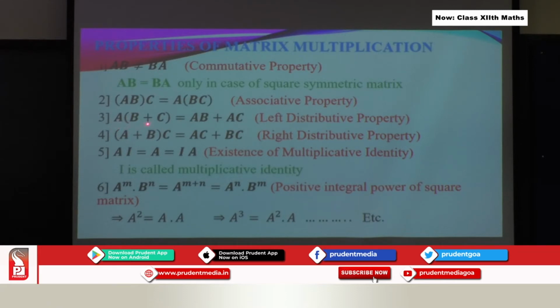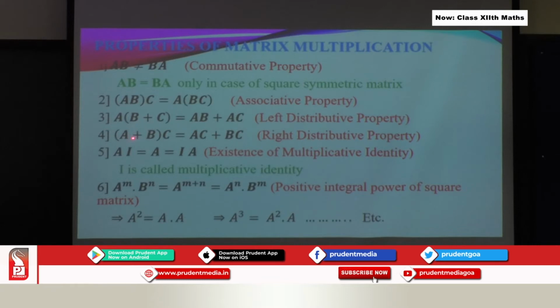Third case, you have the left distributive property and the right distributive property. What does it mean? When I say left distributive property, the matrix A, which is on the left side, is getting multiplied into the bracket.